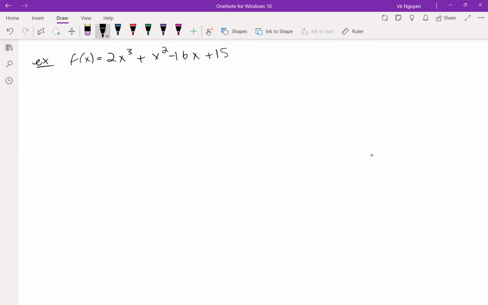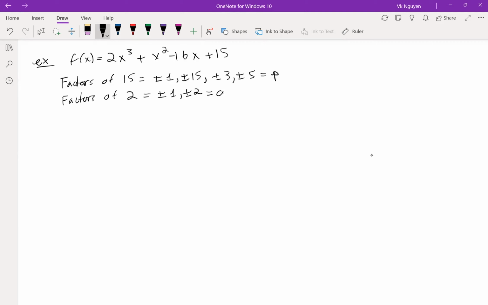Similarly, I'm going to do step 1, use the rational root theorem. The factors of 15 are plus or minus 1, plus or minus 15, plus or minus 3, plus or minus 5, and these are the p. Factors of 2 are plus or minus 1 and plus or minus 2, and these are the q.